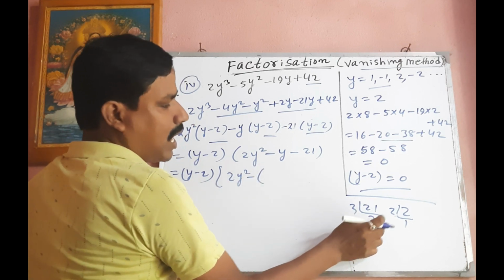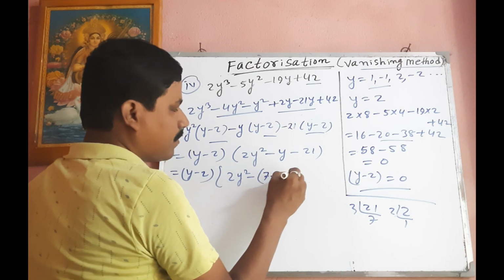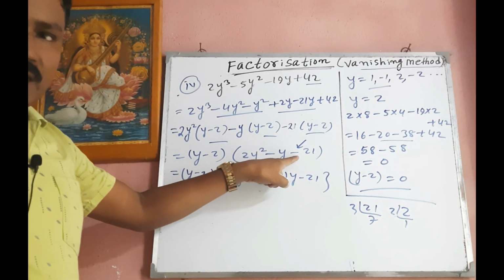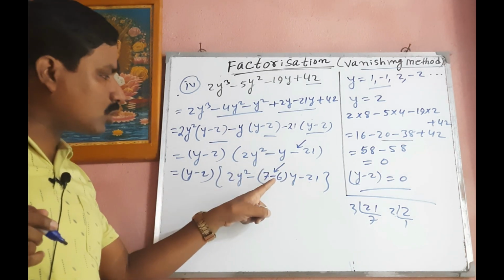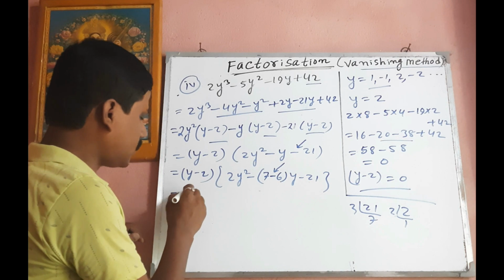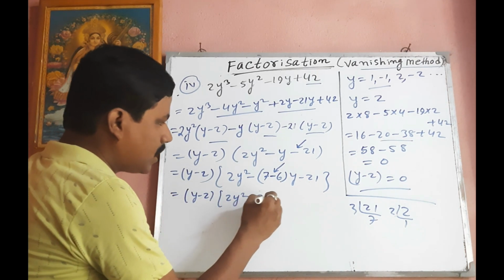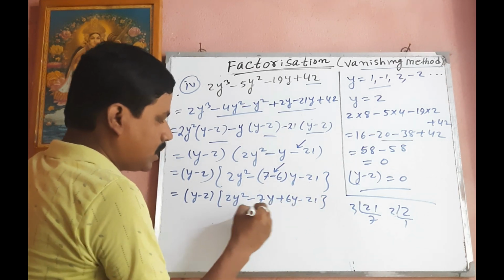So using this factor y minus 2, and this will be 2y square, and 7 and 2 into 3 is 6, 7 minus 6y is there. If the minus sign is there, then this will be the minus sign. If the plus sign is there, then this will be the plus sign. 2y square, 7y plus 6y minus 21.